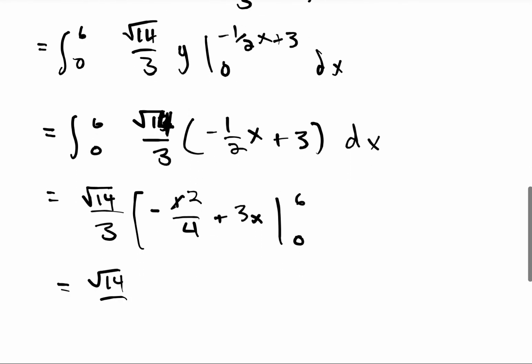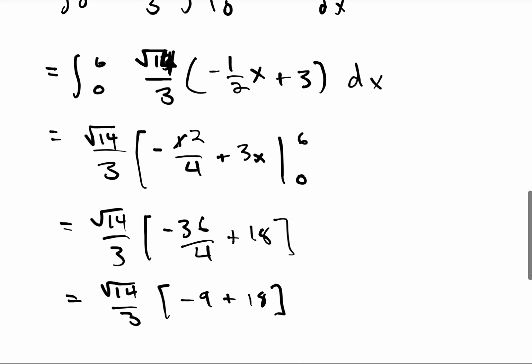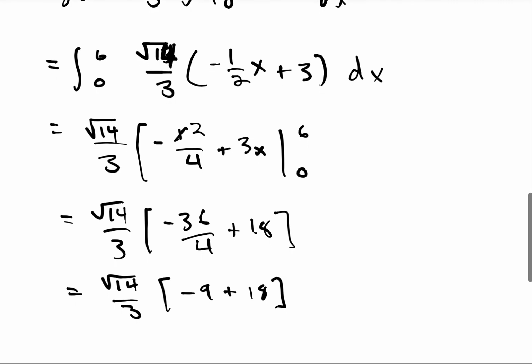So from here on out, we're mostly just worried about substituting the 6 in. And you should get minus 9 plus 18. Overall, that'll simplify to 9 inside of the brackets. We get 3 root 14 back.